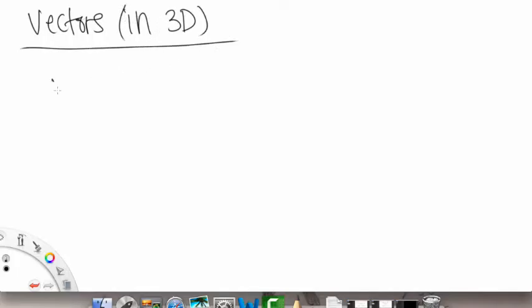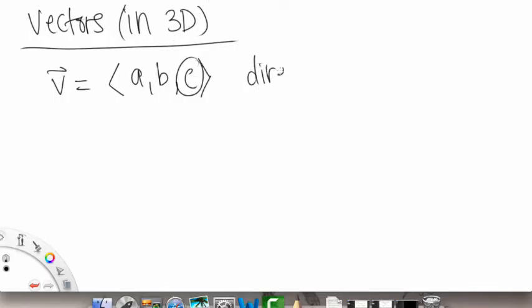Okay, so now for the actual vectors. Vectors, now we're working with them in 3 dimensions. So vectors in 3D, it's going to be basically the same thing, you just add on this third component, this z component. Again, vectors in any dimension have direction and magnitude.